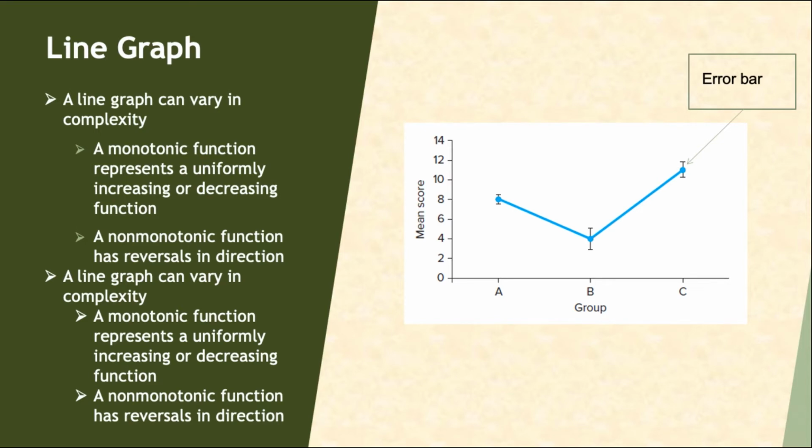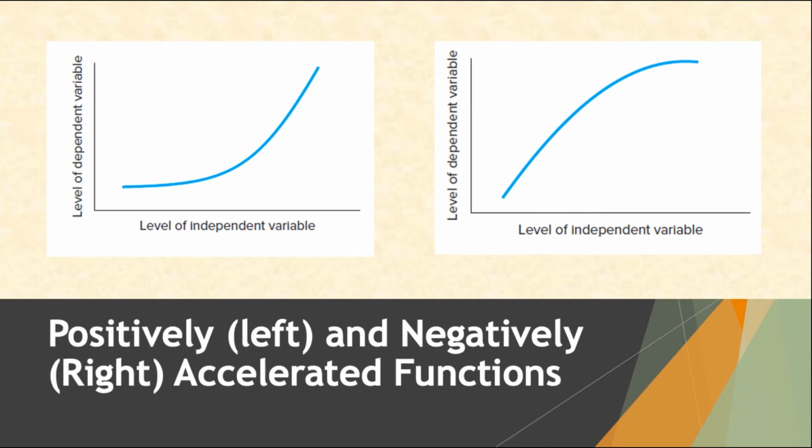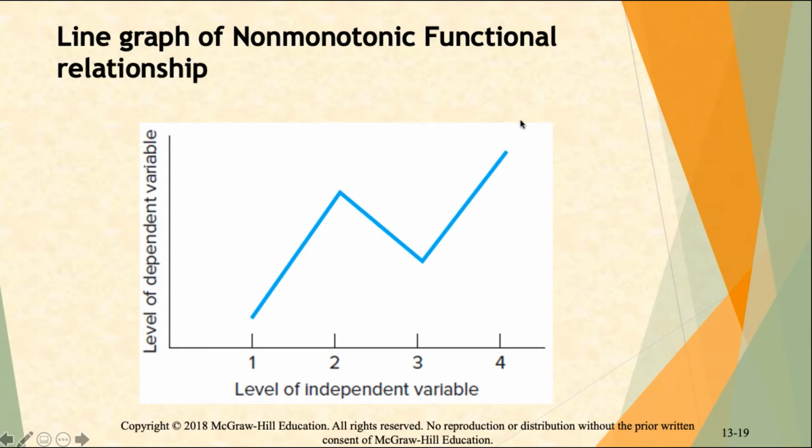So we can see here the positively accelerated function on the left and the negatively accelerated function on the right. And we also have here a non-monotonic function relationship: it goes up, then down, then goes up.